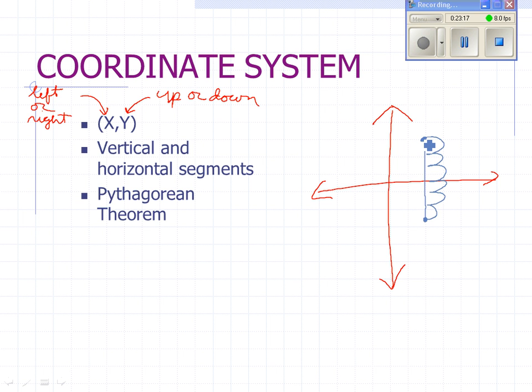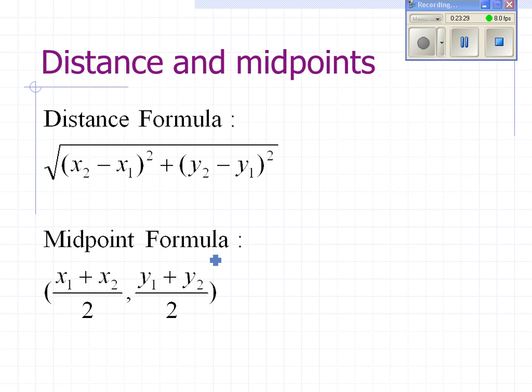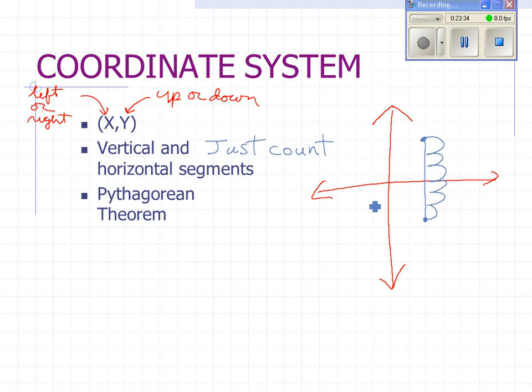So on vertical and horizontal segments, make sure you remember this, just count. It's going to make your life a whole lot easier if you don't have to use that big long formula every time. So if it's a vertical segment or a horizontal segment, then you can just count to find the length.